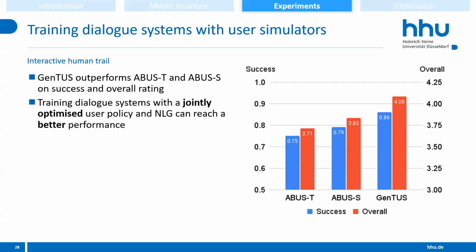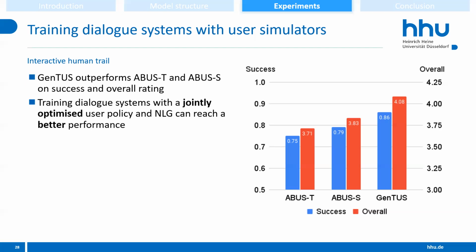Okay, so I think one main reason is the language generated by GenTUS is closer to the human evaluation language. We took a look at the results and found that the template-based way or SGPT is not what users would interact with. It's not a language users would use with our system. The second part is we found that the agenda-based user simulator has longer user actions in comparison to GenTUS.